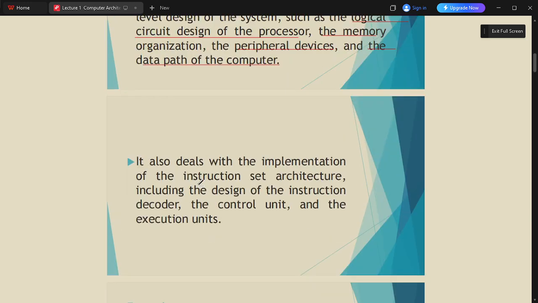We move on to our last point under computer organization, which says computer organization also deals with the implementation of instruction set architecture, the ISA, which includes design of the instruction decoder, the control units, and the execution units.